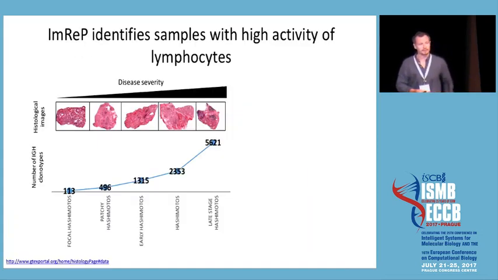We also have the pathology notes as part of the GTEx consortium, as well as histological images. We used that to study Hashimoto disease, the autoimmune disease present in the thyroid. As you can see, as the severity of the disease increases, the size of the repertoire, in other words the number of clonotypes, increases. You can view that as a part of the validation.